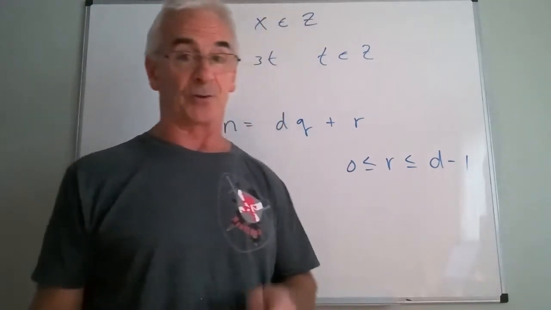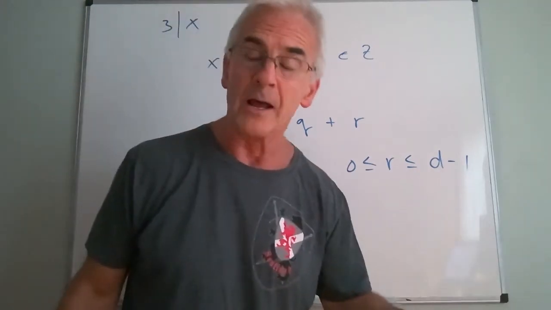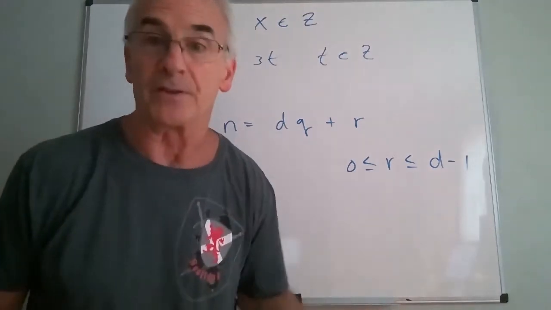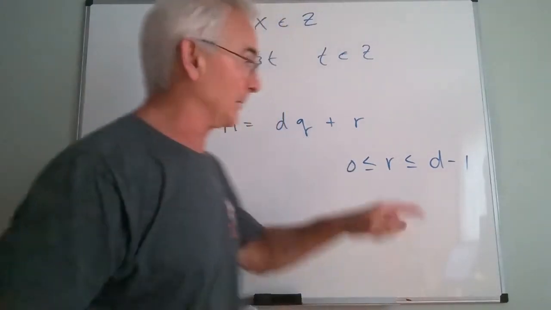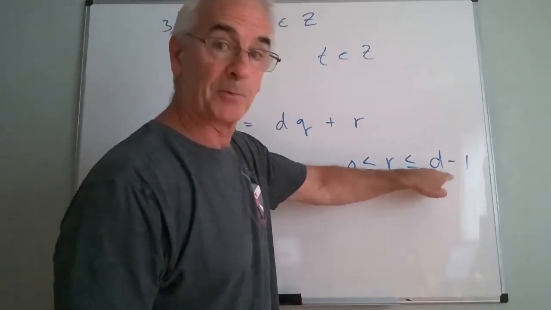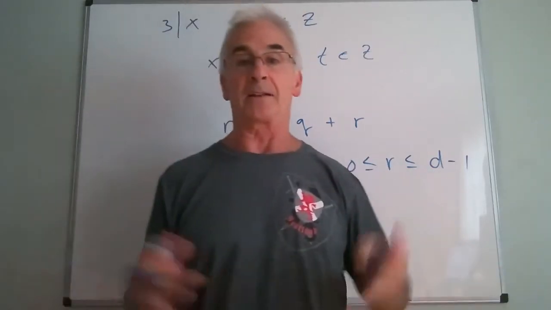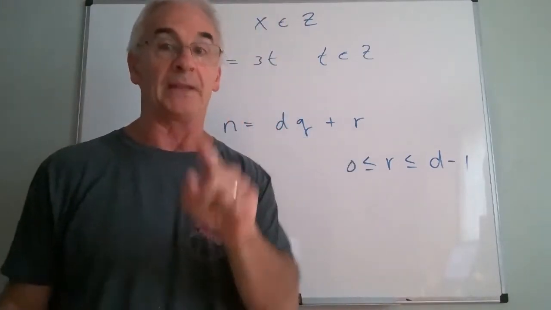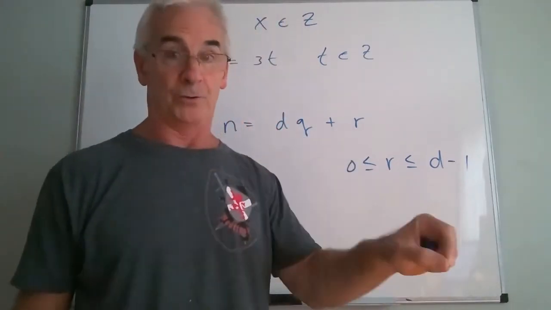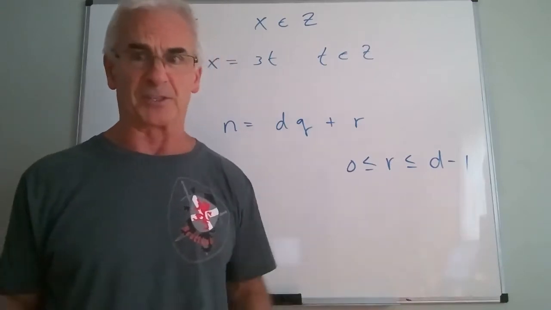We don't say the answer is 1 with the remainder of 4, because 4 is bigger than the divisor. So the divisor is not the upper limit. It's 1 less than the divisor that's the upper limit. So if I was dividing integers by 3, my possible remainders would be 0, 1, or 2. Is everybody cool with that? That's a fairly simple notion.